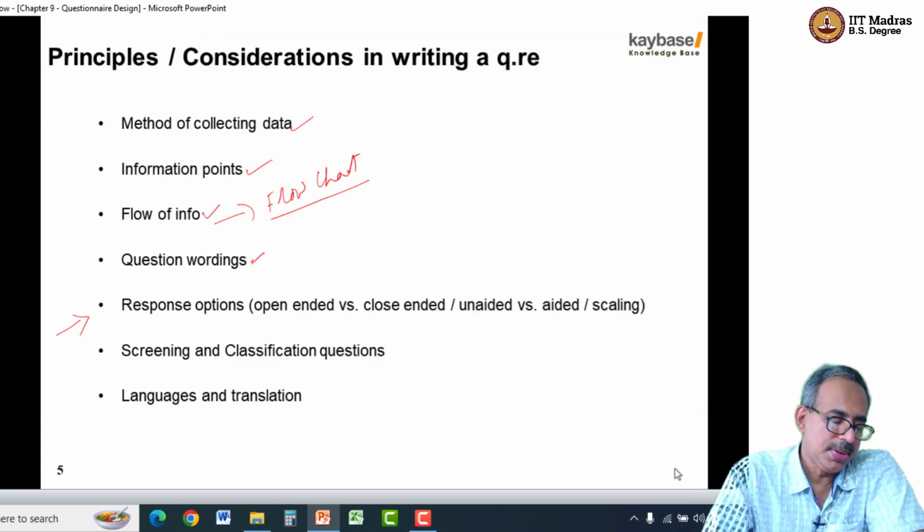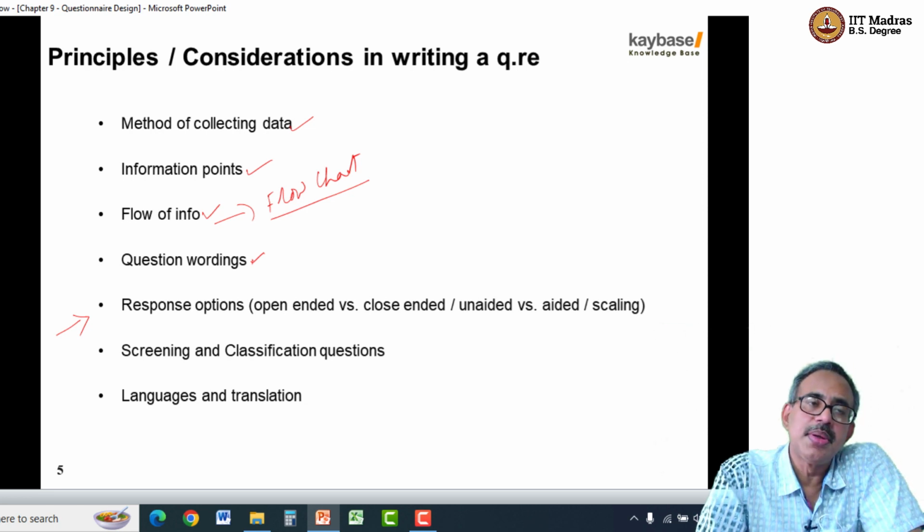So we spent time in designing how each of these affects the process of writing a question, the method of collecting data, the kind of information we're trying to collect, how do we decide the flow, the question wordings, the response options, the screening and classification questions, and language translations, and finally we spent some more time coming back to scaling.